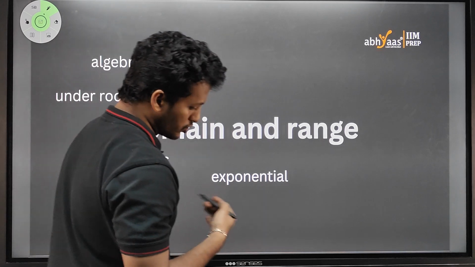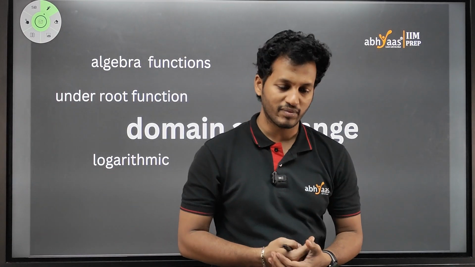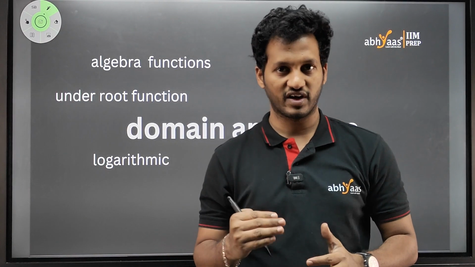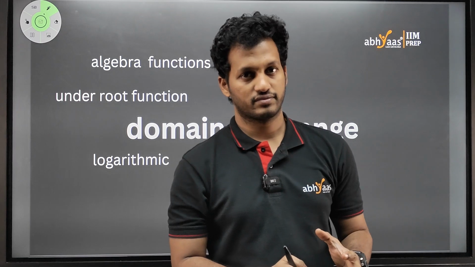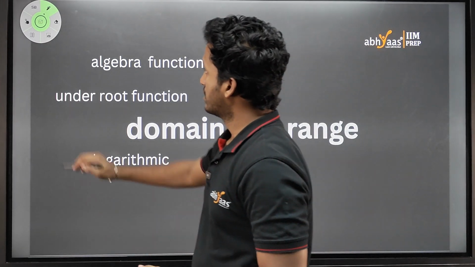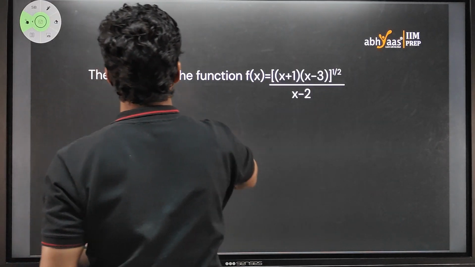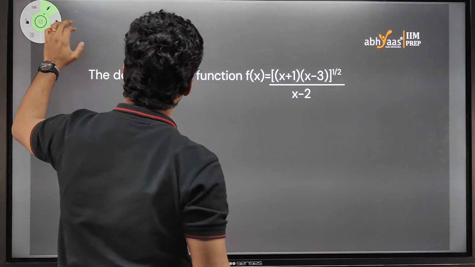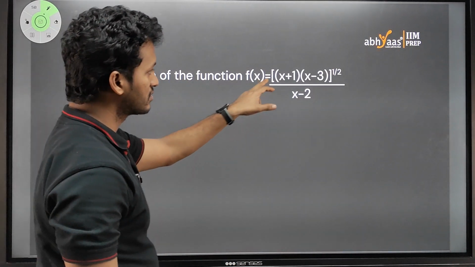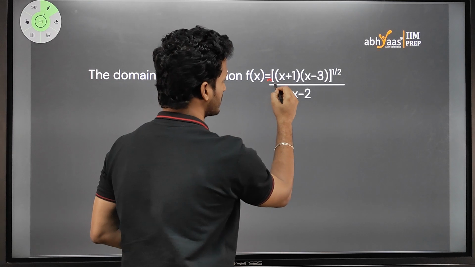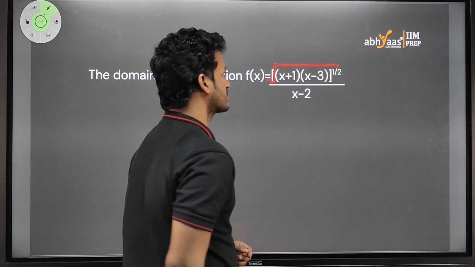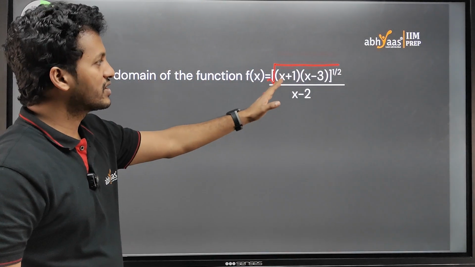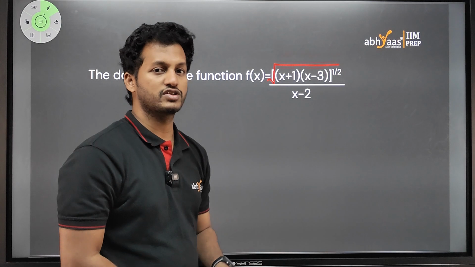Okay, so domain and range are nothing but limitations of a function. So when you see a function, for example, do I have a slide about that? Yes, I do have a slide. So the domain of a function f of x equals root over, this is a root, right? So I'm writing it like this: root over (x plus 1)(x minus 3) divided by (x minus 2).